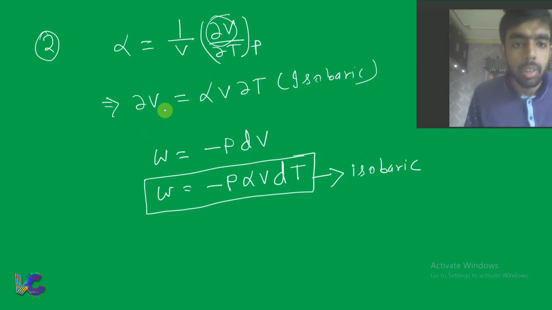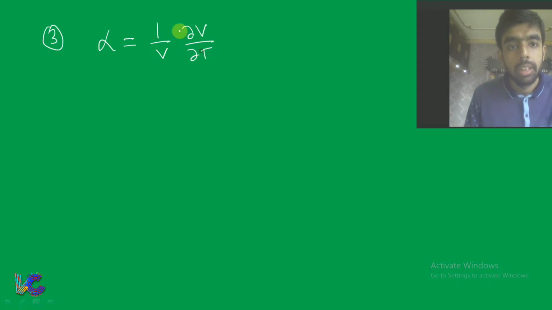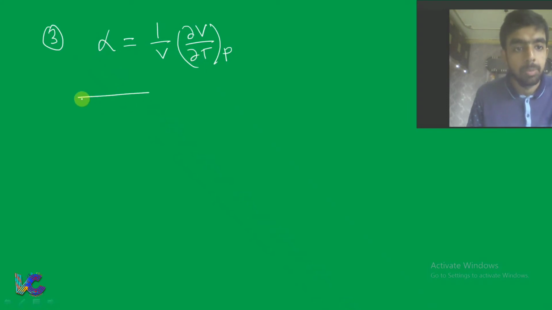Fine. Now another important feature of alpha you can understand from here is that alpha is 1 by V del V del T at constant P. Now if you recall the Born thermodynamic square and the mnemonic technique, this is the square.